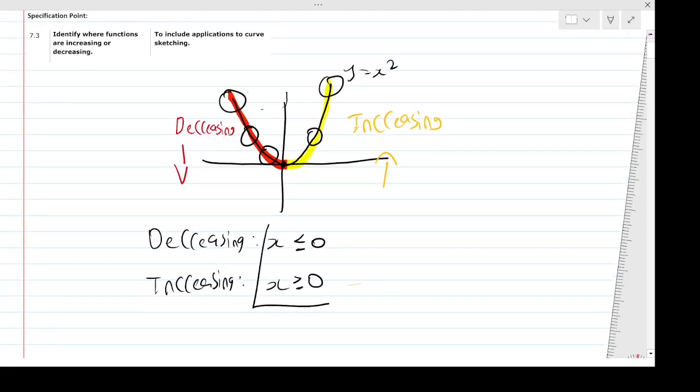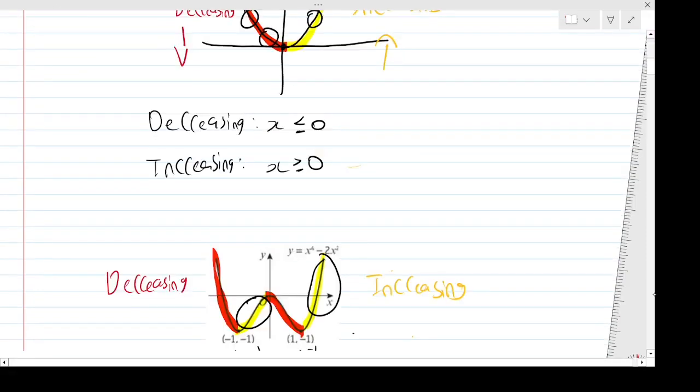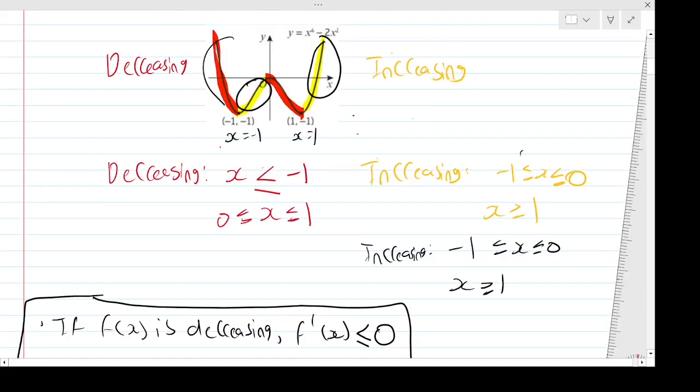It's a simple inequality, but in reality the curves are going to keep going up and down, up and down, at various points. It's not always just going to be decreasing, then increasing, and that's it. You're going to have regions in the curve where it keeps decreasing, increasing, decreasing, increasing multiple times, like in this example here.